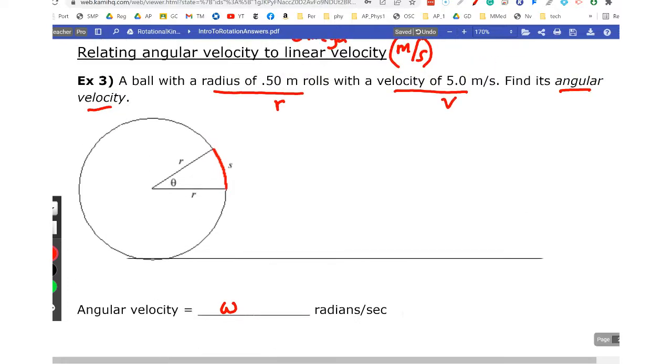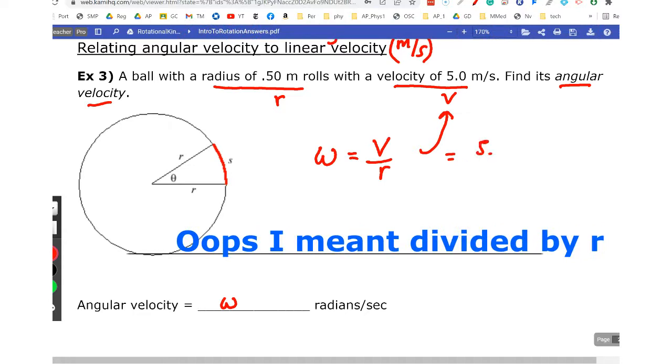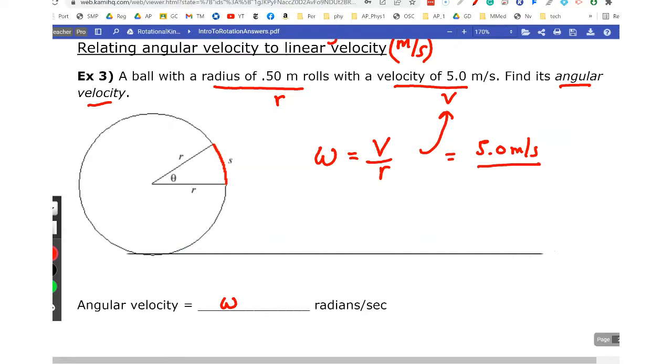So let's solve this problem. We just learned that angular velocity, that curly w, is just the regular linear velocity, which we're given over here, divided by r. So I can convert this linear velocity to angular velocity, or a rotational velocity, by dividing by r.